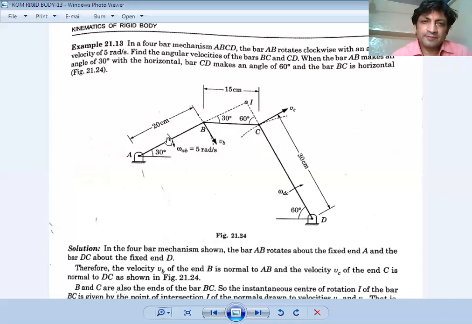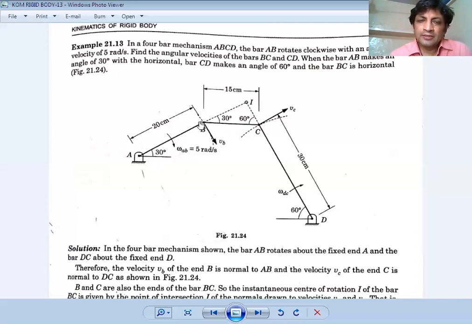As AB is rotating in the clockwise direction, AB is a radius of 20 centimeter, so the velocity at point B will be tangent to this dotted circle. VB is tangential to this circle, and AB is perpendicular at the tail of VB.